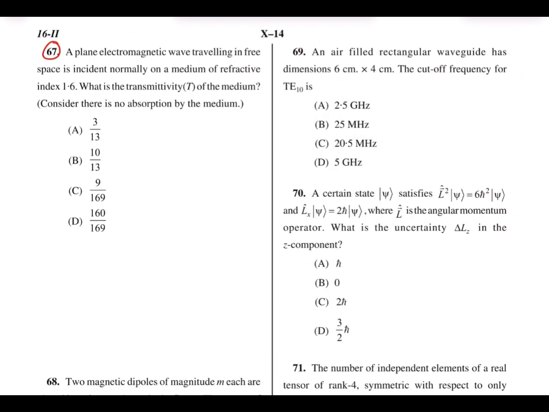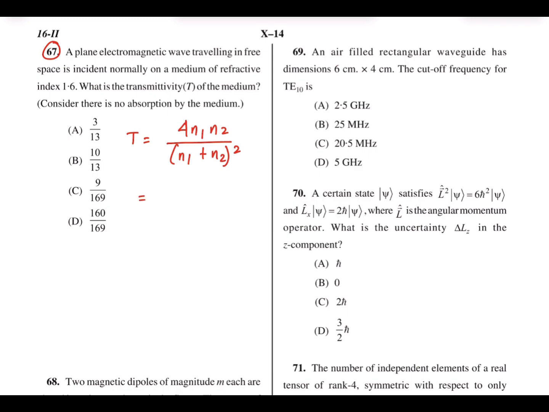Problem 67. A plane electromagnetic wave traveling in free space is incident normally on a medium of refractive index 1.6. What is the transmittivity of the medium? We know the transmittivity is given by 4 n1 n2 divided by (n1 plus n2) whole squared, where n1 and n2 are the refractive indices of the two media.